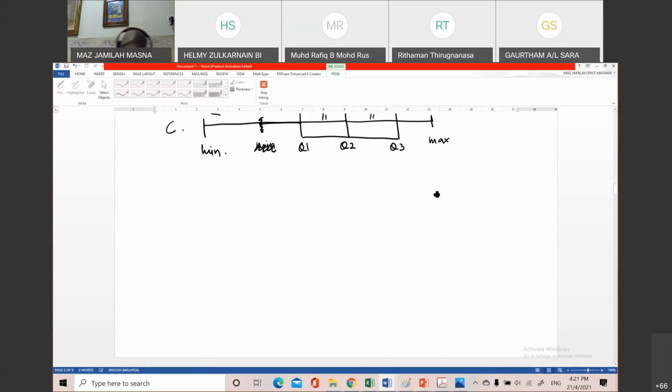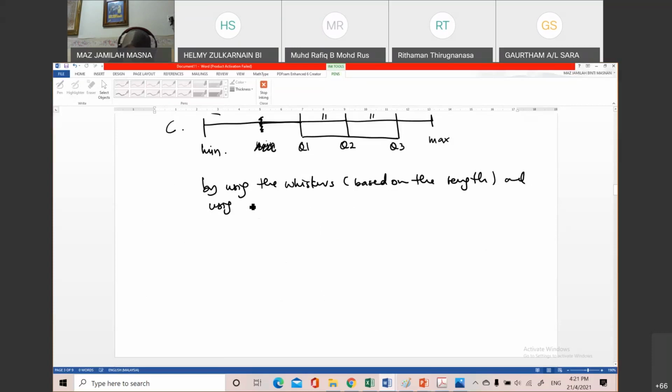So you can say by using the whiskers, based on the length, and using the middle 50% of data, that is referring to two boxes.